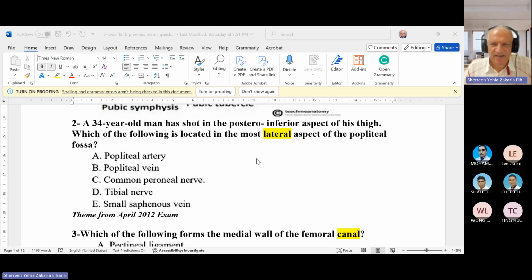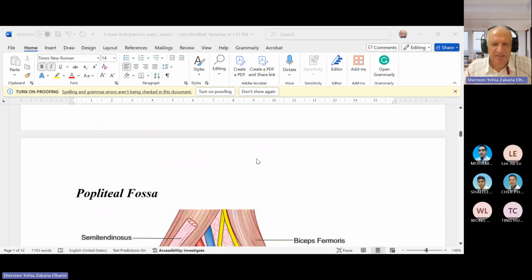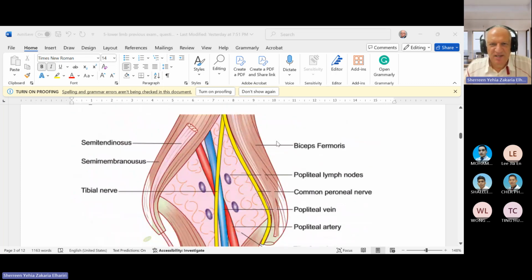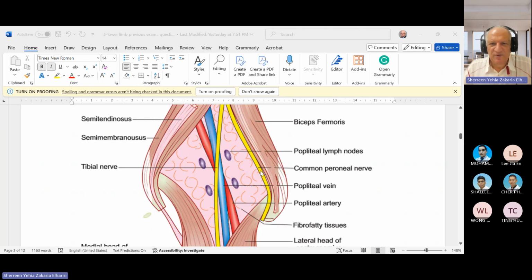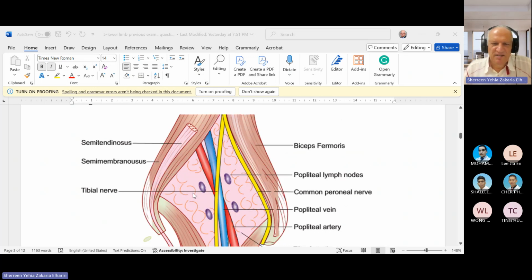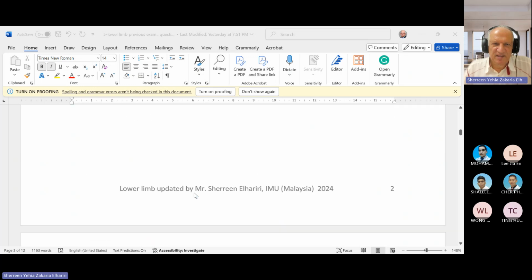The easy way is just looking at a picture of the popliteal fossa, where you can find what is deep, what is superficial, and what is lateral. Laterally is the common peroneal nerve. Superficial is the tibial nerve. Deep is the artery, with the vein in between. So it is important to know the boundaries of the popliteal fossa.